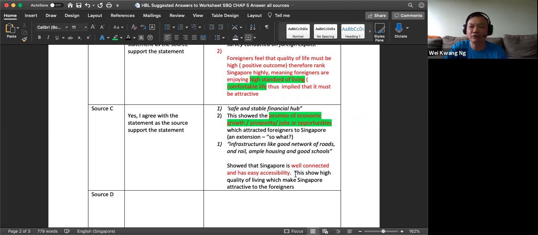Like some of you, foreigners who come in to have a good education in Singapore. That will make Singapore attractive to foreigners, especially those with young families or school-going children. Understand? So far, so good.